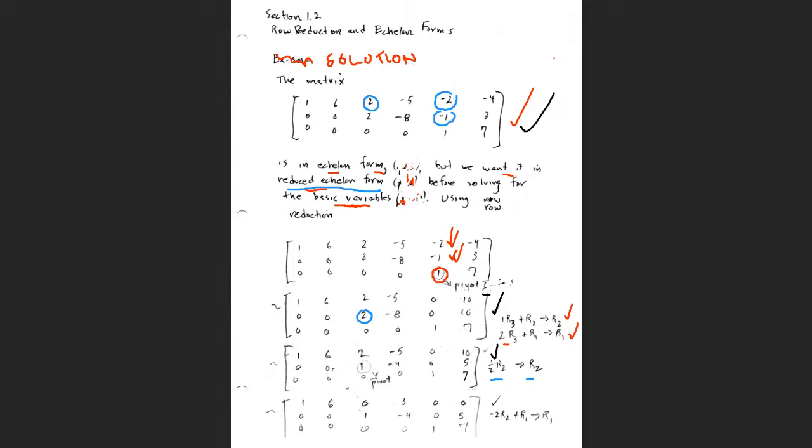You can either scale the middle one by 1/2, and then replace the top one with the sum of it plus 2 times row 2, or -2 times row 2, right? Yeah, negative.